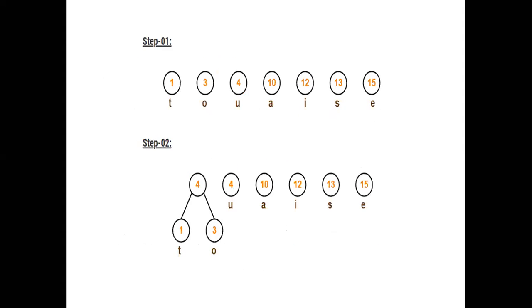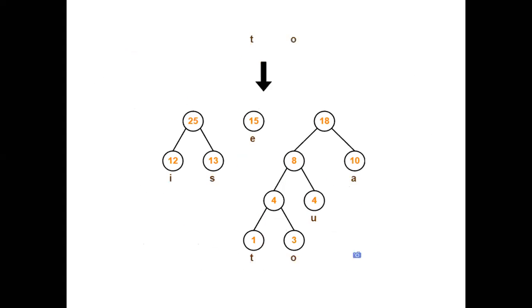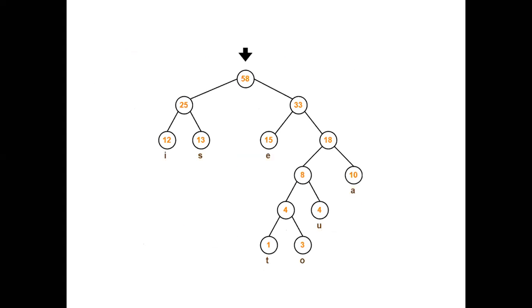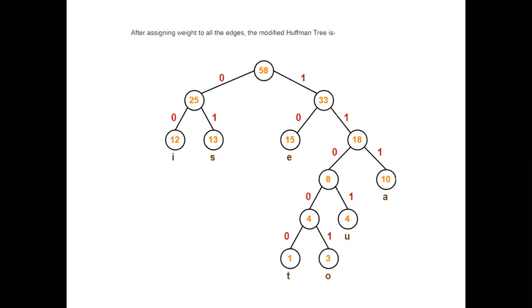Okay. Now let's start assigning the bits. So how are we going to assign the bits? What we will do, we will assign 0 to the left edge and 1 to the right edge for each and every node.